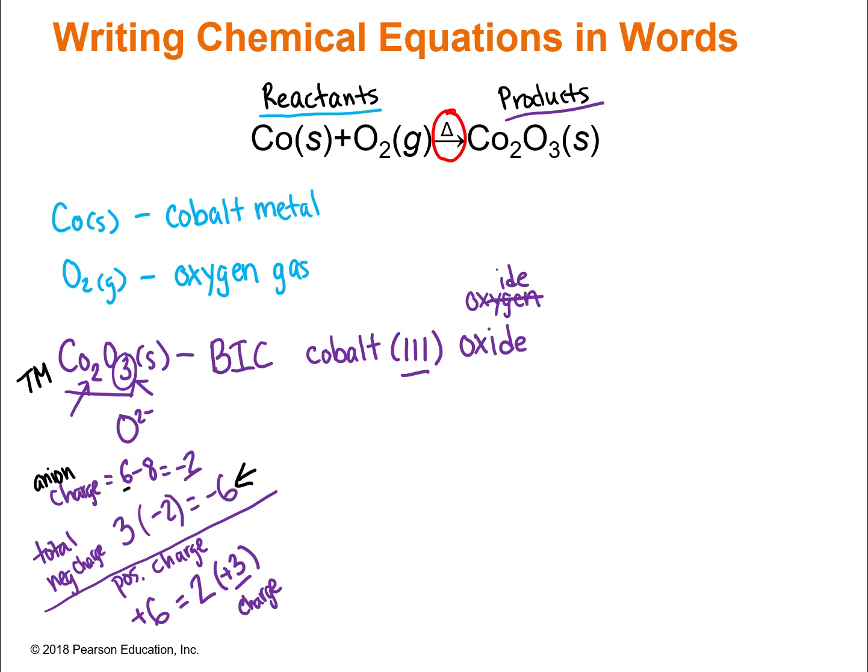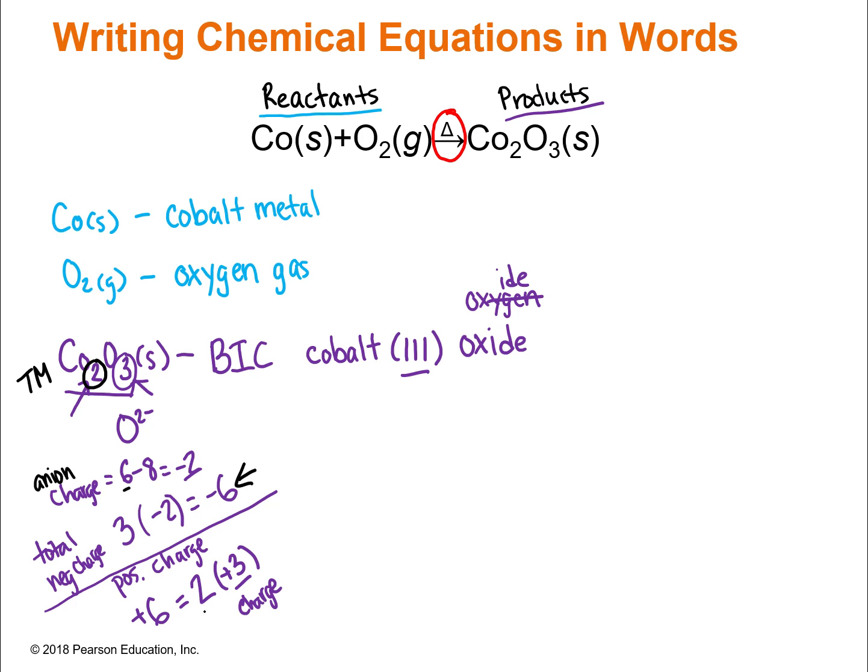All right. Now that we figured out the total negative charge for the formula, we know that the total positive charge has to be +6, because when you add them together, they equal 0, and that's what we want. From the formula, we see a 2 as a subscript for the cobalt.